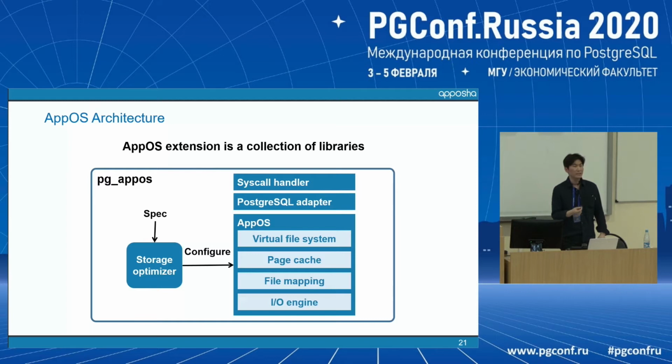In order to use this extension, you need to specify which environment you want to deploy PostgreSQL on, like AWS, on-premise, or Azure. You need to specify the storage type, like EBS io1 or gp2, or Azure premium SSD, standard SSD, and so on. Then the storage optimizer module will translate that information to reconfigure the inside of AppOS. I will explain this more later, okay?